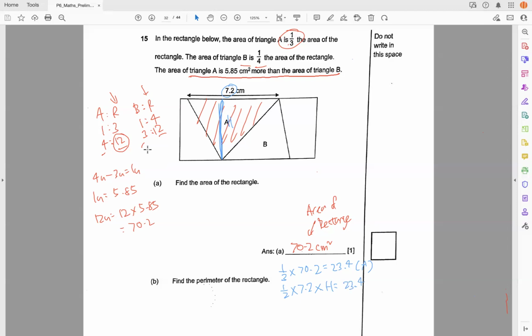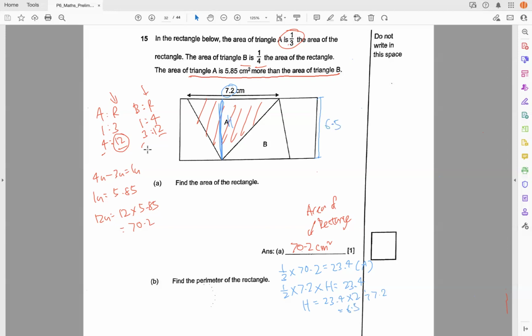So we need to find the height of triangle A, because if we know the height of triangle A, we will know the breadth of the rectangle. So height of triangle A will be equal to the area times 2 divided by its base. 6.5.